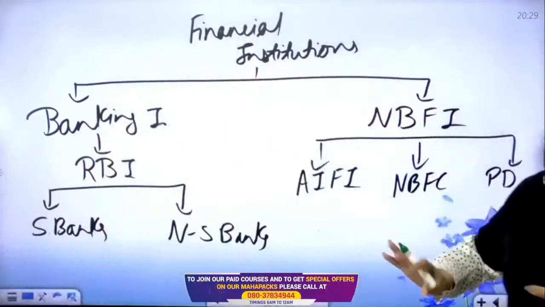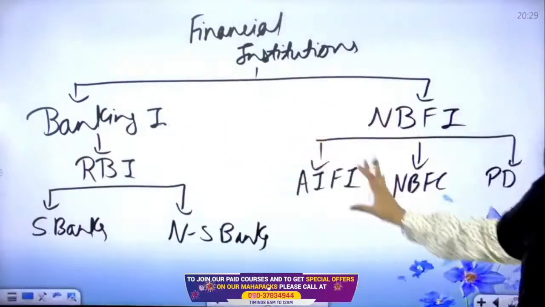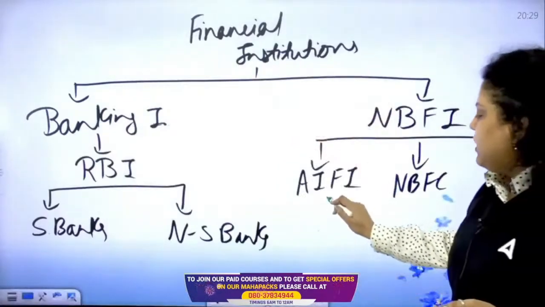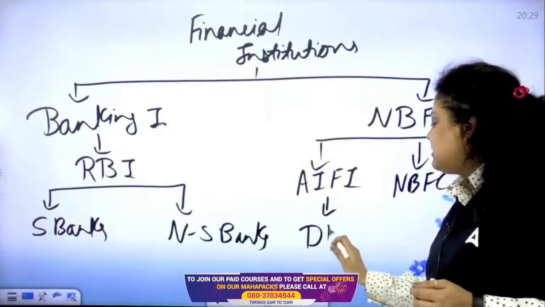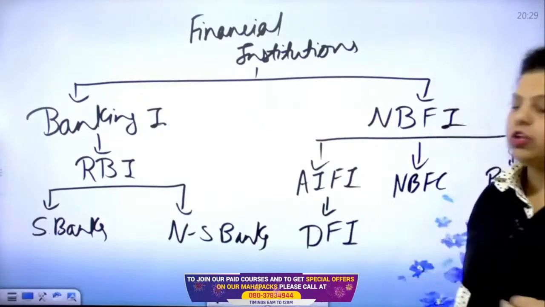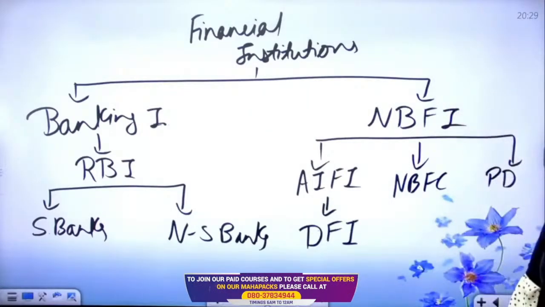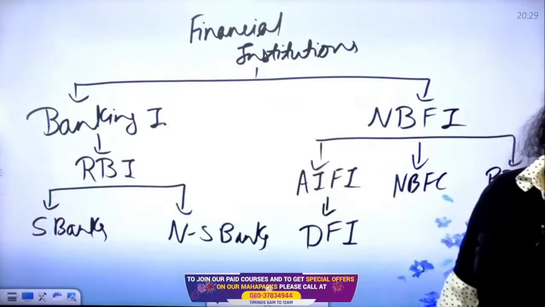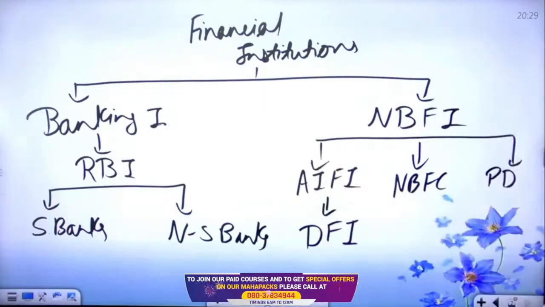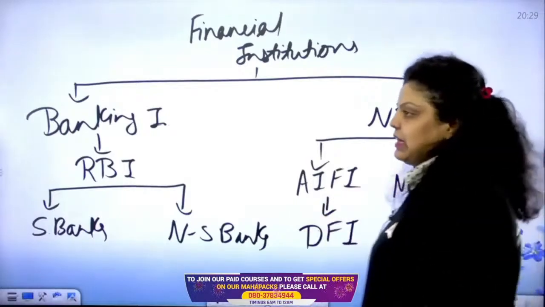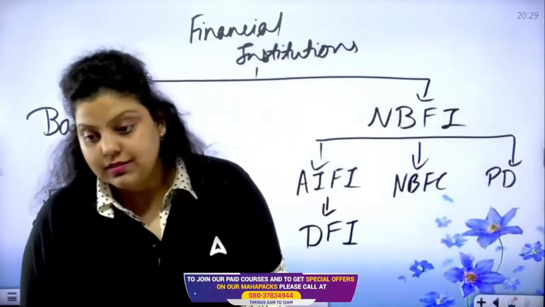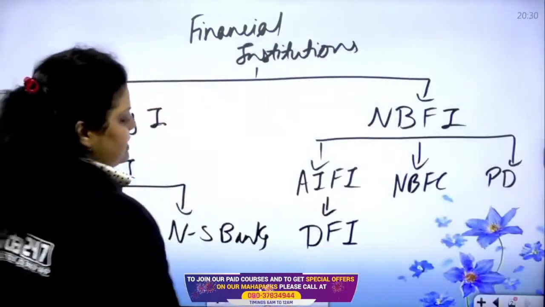Now, where do development financial institutions fit in? Development financial institutions come under the All India Financial Institutions. All the DFIs come under the AIFI, and they help us develop a particular sector by providing funding focused on that sector.